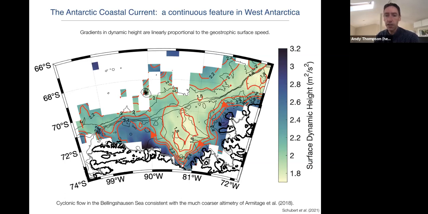In particular, where you have higher values to your left, that's the direction of the flow. And you can see that there's a signature of a strong gradient in dynamic height all along the coast throughout the Bellingshausen Sea. Here's the Latates Trough, here's the Belgica Trough. And we're arguing here that this is a signature of the current coming down from the West Antarctic Peninsula and flowing along the face of all of these ice shelves in the Bellingshausen Sea.